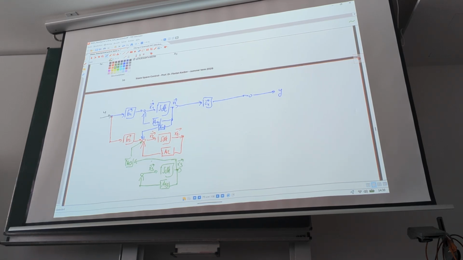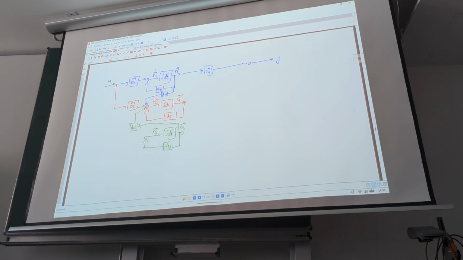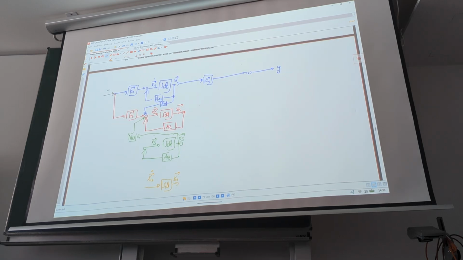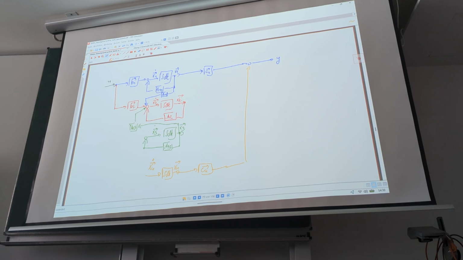And then finally we have an x4 dot, which after integration comes to x4. This is seen in the output, right? So this goes as one component into the output, so this should be observable, but not controllable because the input does not affect it.